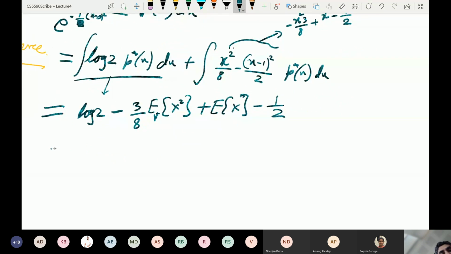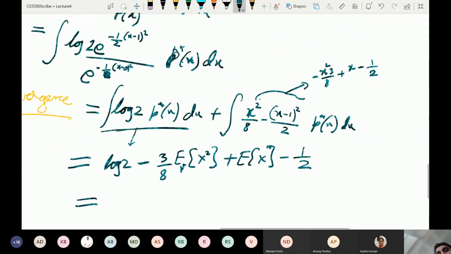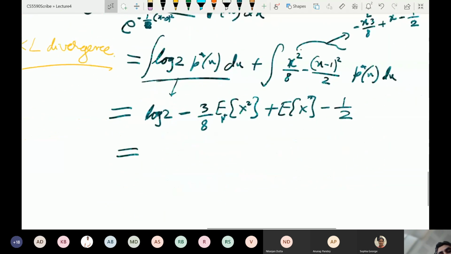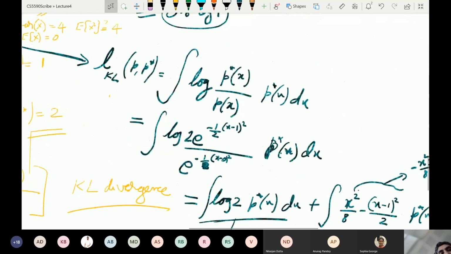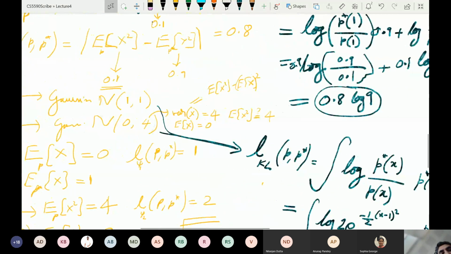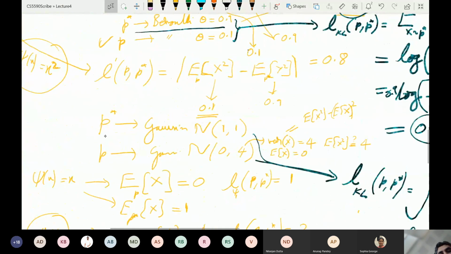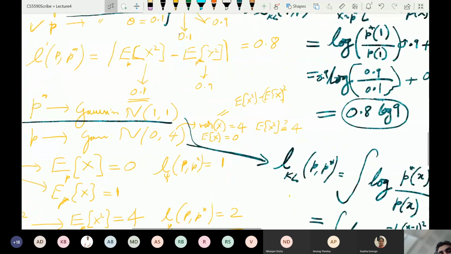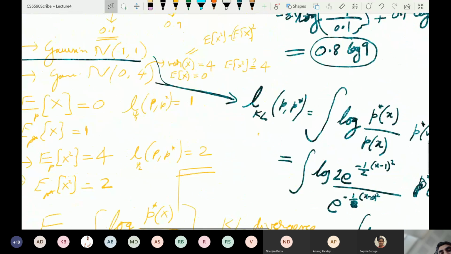Okay, so what is this for? Let's go slow. So what will this expression be? What is p star minus 3 by 8 into the expectation of x square when p star? What is the expectation of x square? 2, right?